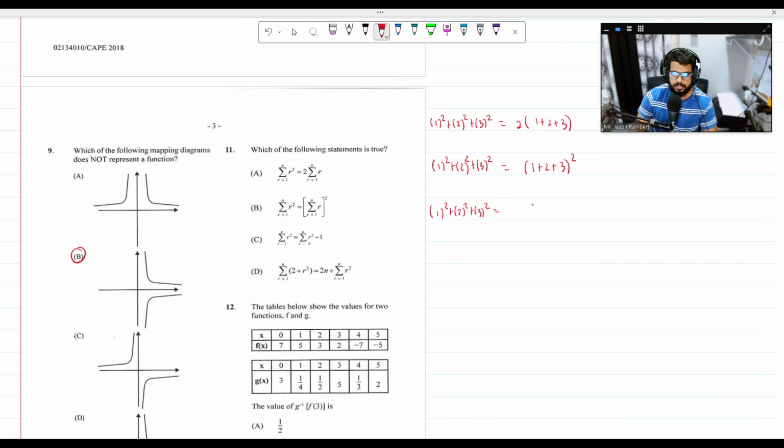Is this equal to, now the second summation, if I can notice it, starts at r is equal to 0. So I'm going to have 0 squared minus 1 plus 1 squared minus 1 plus 2 squared minus 1. I'm going to go up to the 3 plus the 3 squared minus 1.